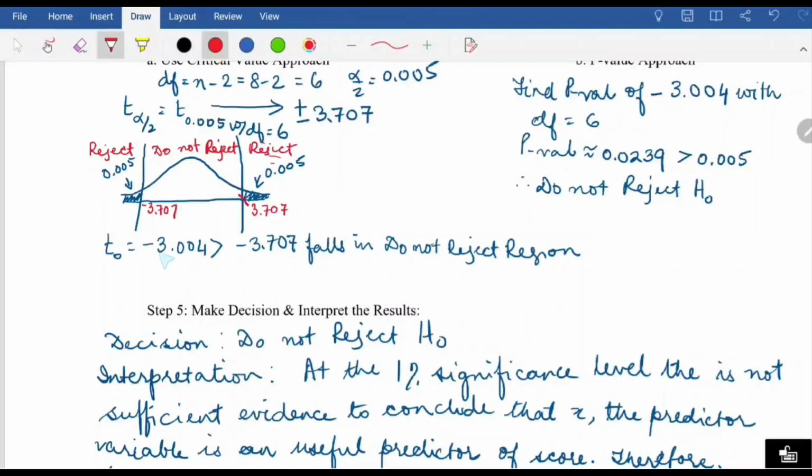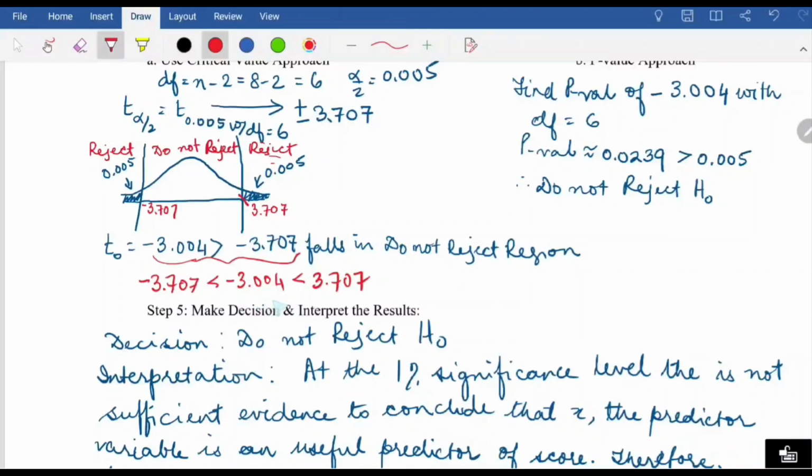We should actually write it as negative 3.707 is less than negative 3.004 is less than positive 3.707, right?